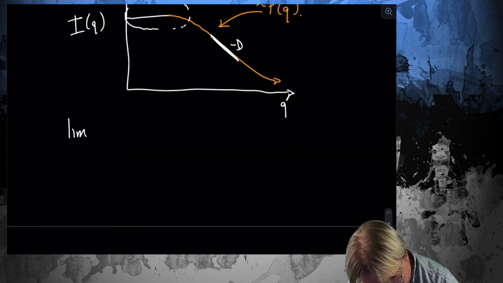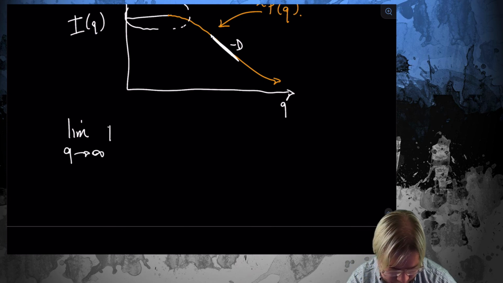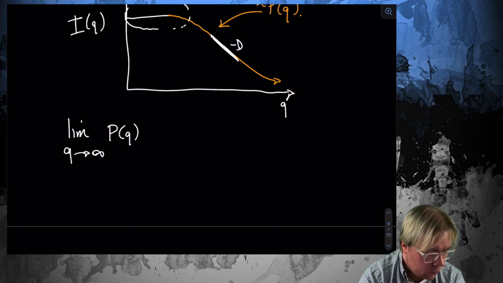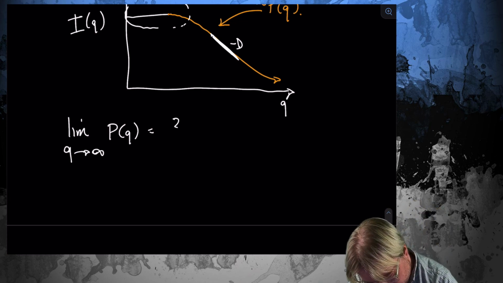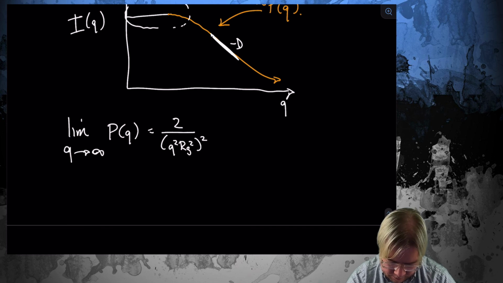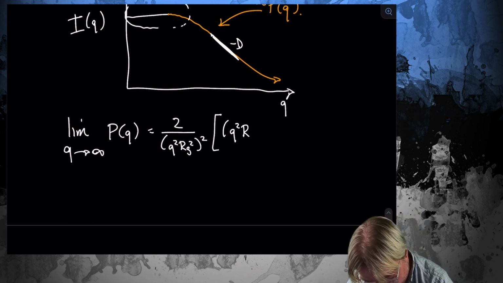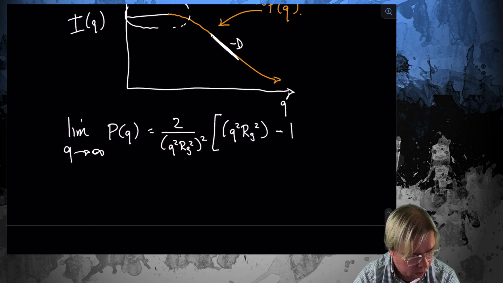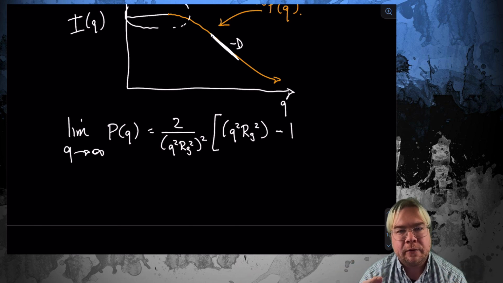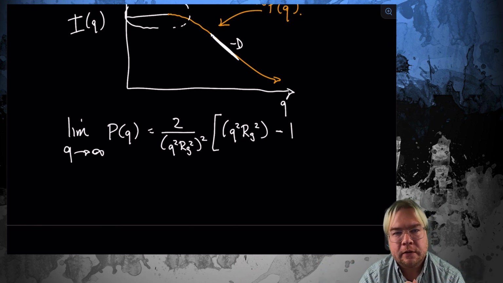What is the limit as Q goes to infinity of P of Q? Well, let's leave the prefactors alone. So we've got 2 over Q squared RG squared, squared. Then inside here, we've got Q squared RG squared minus 1. And then we have that exponential term, e to the minus Q squared RG squared.